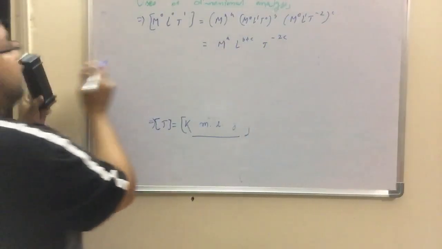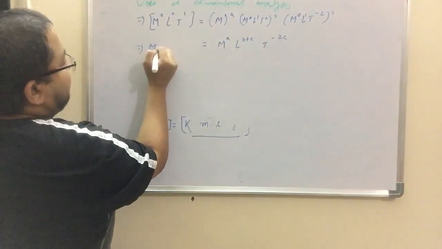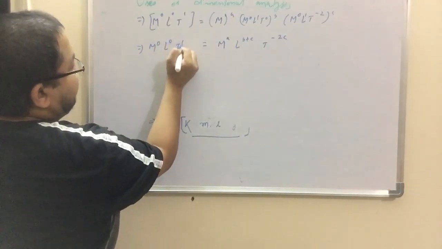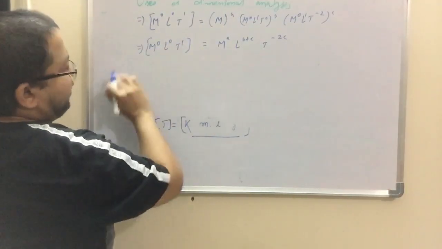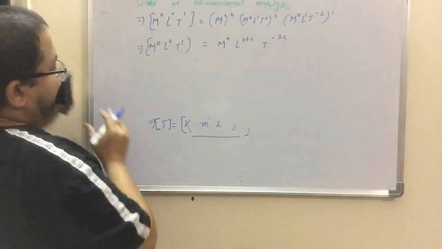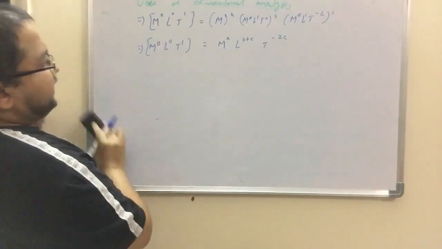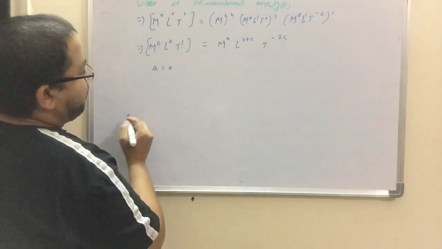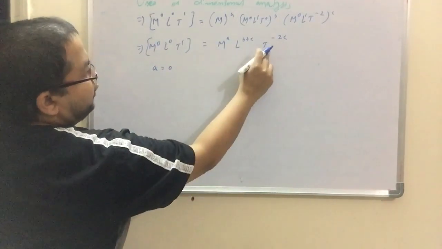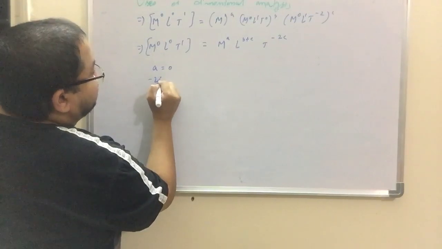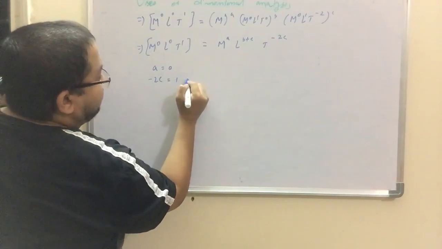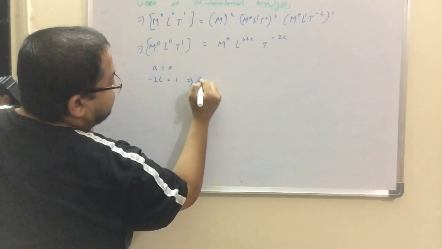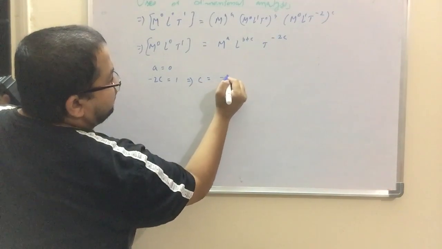Okay, now m0, L0 and T1. So obviously by comparing the powers, we can say that we get these equations: a equals 0, and minus 2c equals 1, which implies c equals minus 1 by 2.